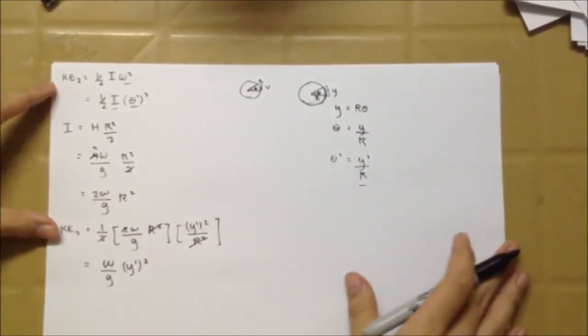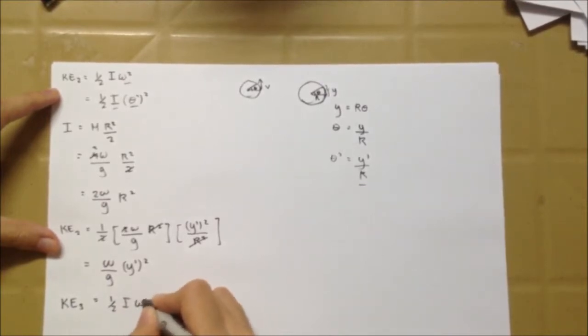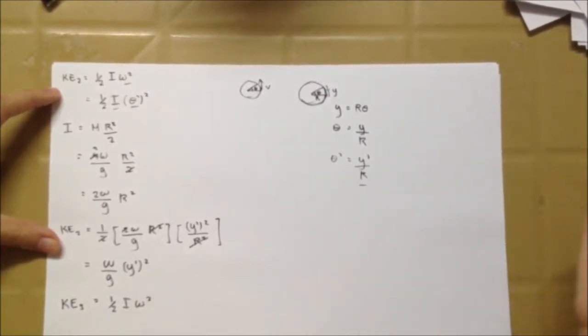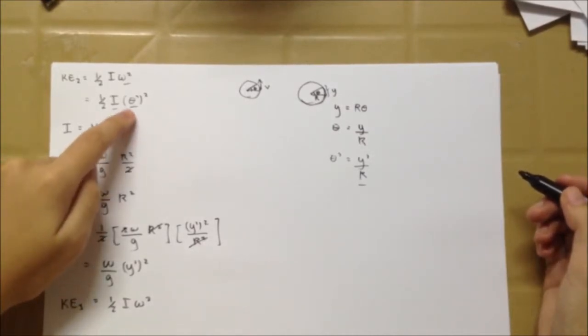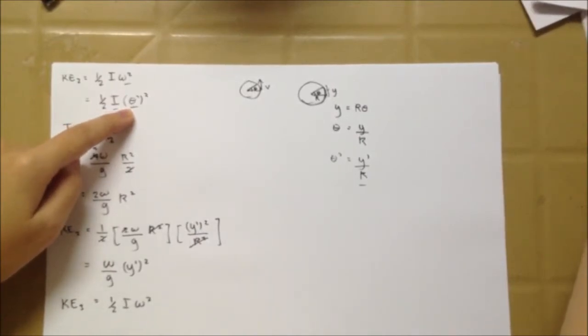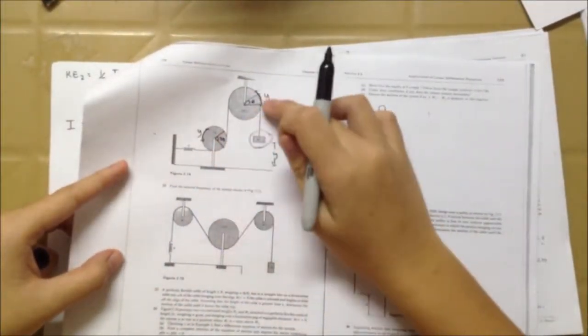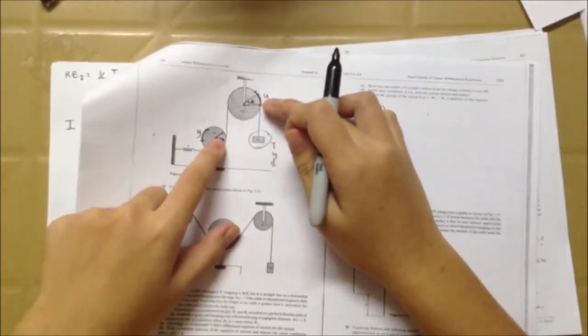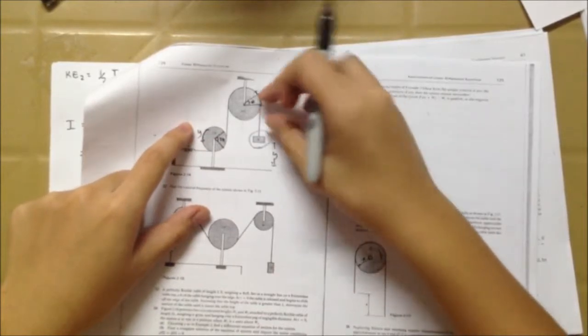Now, the kinetic energy for my smaller pulley, let's denote that as KE3, is still given by the formula 1/2 I times angular velocity squared. But unlike for my bigger pulley, I cannot just substitute the theta prime here, because if you notice, since this pulley is smaller compared to the other pulley, their theta must be different for them to produce the same y here.